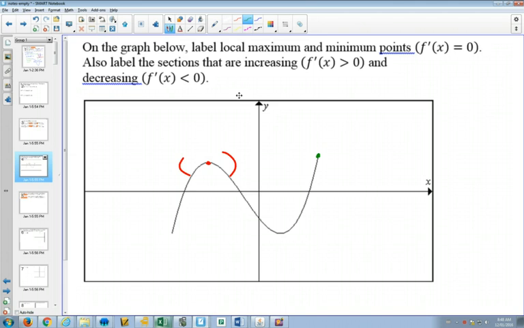And those are still key points. And this guy over here, he's a local minimum in his town, because around him, no one else is lower than he is. So those two points are local maximums and local minimums, and we know that the derivative at those points, if you drew the tangent line at those two red points, you would have slopes of 0.